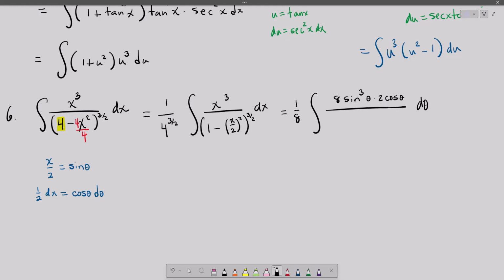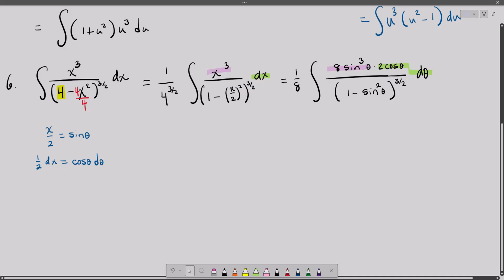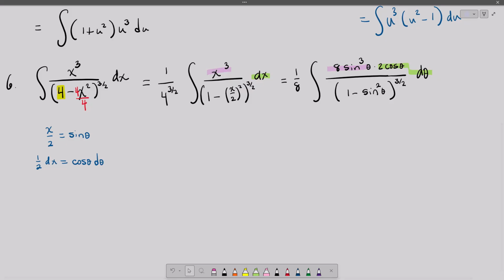So dx is all of this. X cubed is that. And then down below, we have 1 minus sine squared raised to the 3/2 power.